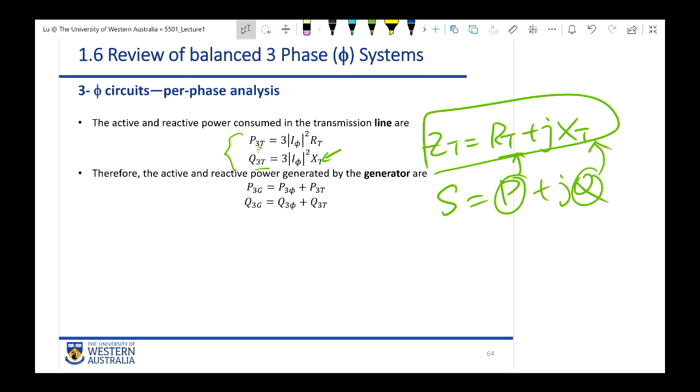P3G and Q3G are the total real power and total reactive power produced by the generators in the three-phase power system. On the right-hand side, P3S plus P3T means the real power consumed by the load plus the real power consumed by the transmission cable. For the reactive power Q, the same thing. So actually, this is calculating the balanced system: what is supplied, what is consumed in the system.